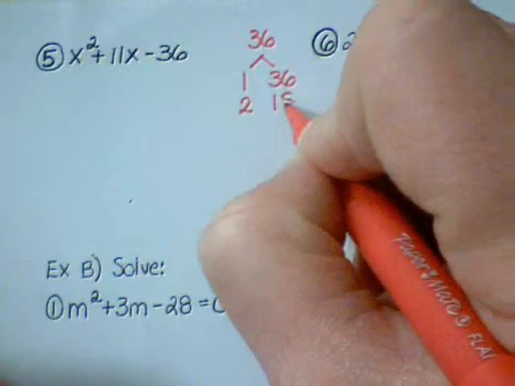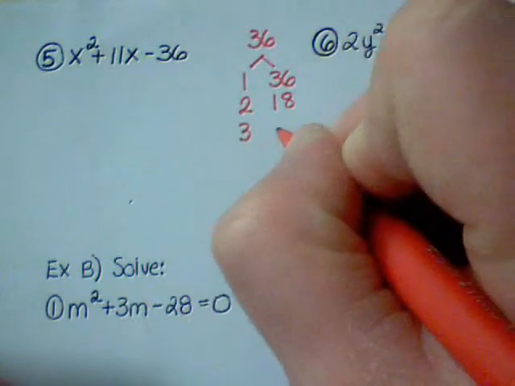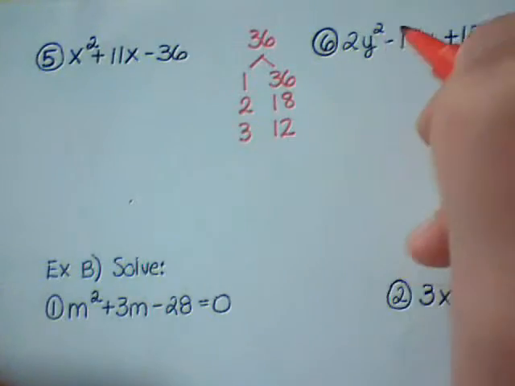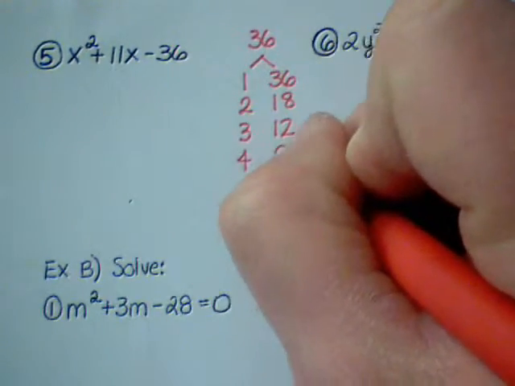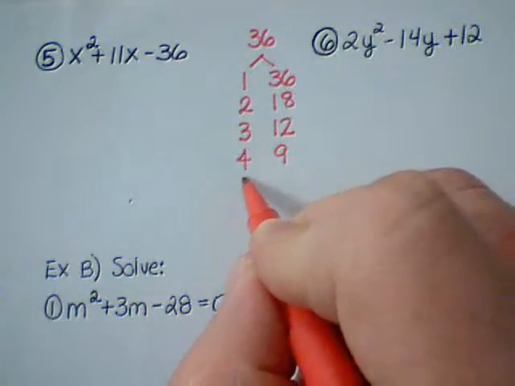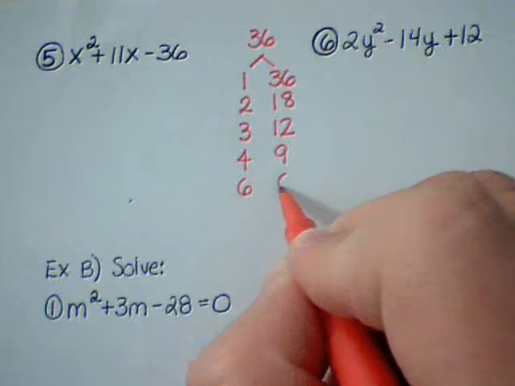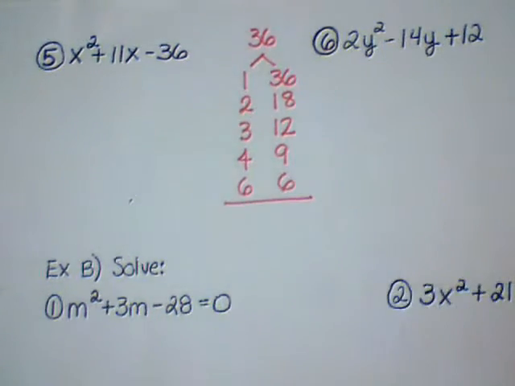Yes, is 18. Can I divide it by 3? Yes, is 12. How about 4? Yes, is 9. 5? Nope. 6? Yes. The answer is 6. 6 is already over here, so I know I'm done with my list.